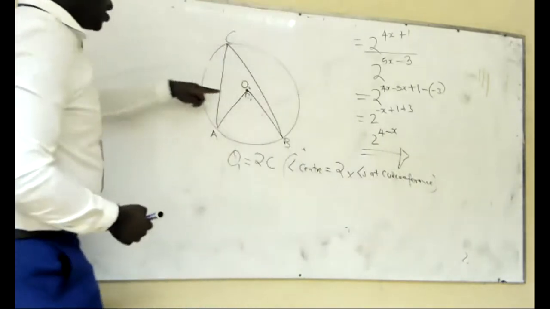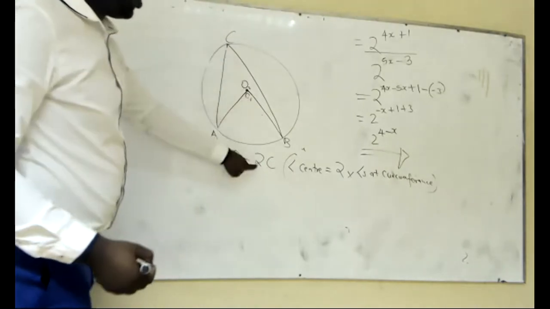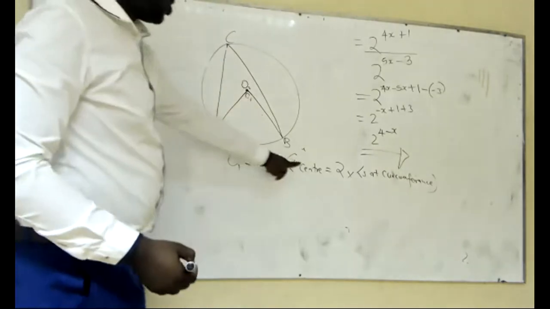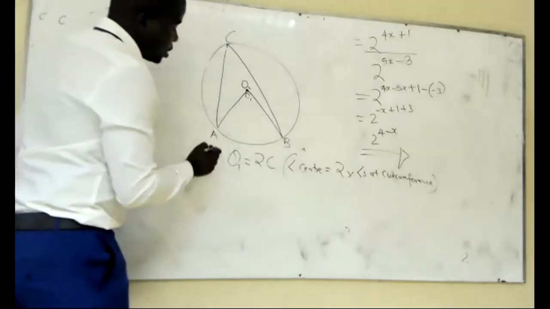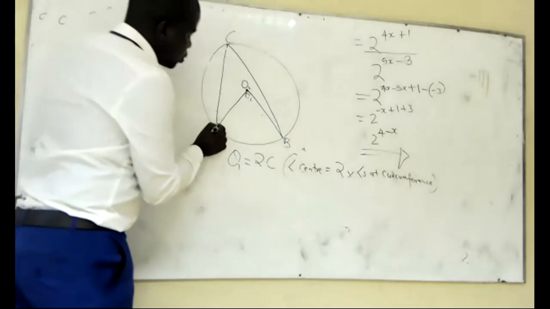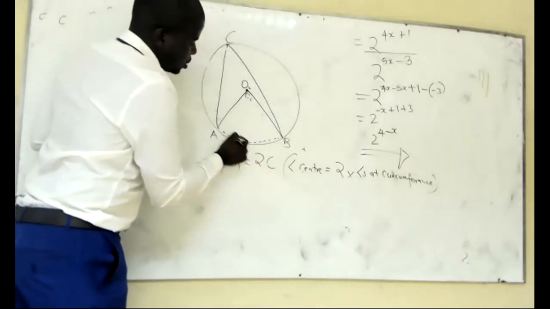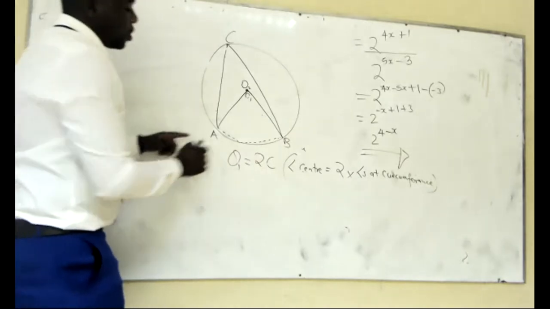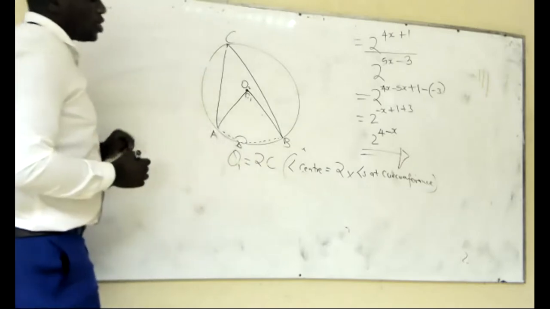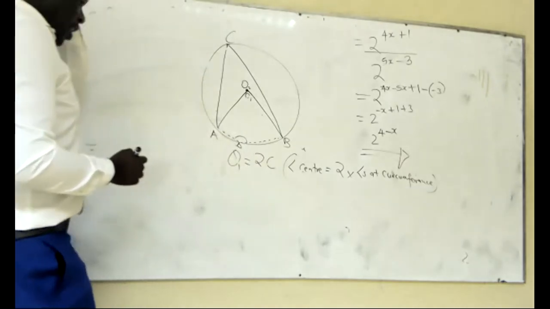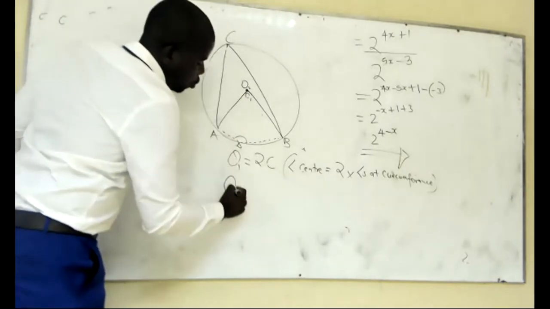That is the reason why we say O1 is equal to 2 times C. I'm emphasizing this because it's very important. Now, the converse of that theorem is when we have this. I'm now constructing another shape here. So down here, let's say we have a point D. Instead of using O1, we can then use O2.